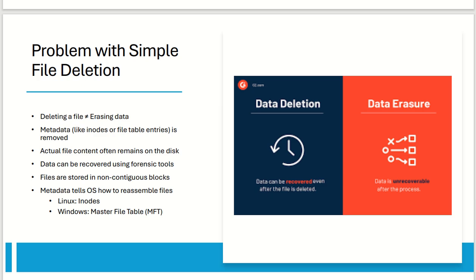We can use forensic tools to be able to recover this data. In practice, the content of a file is stored in different blocks, and the blocks are not necessarily sitting next to each other in memory. So metadata about a file tells the operating system where each of these blocks is sitting so that it can fetch these blocks and then reassemble them to make the complete file.